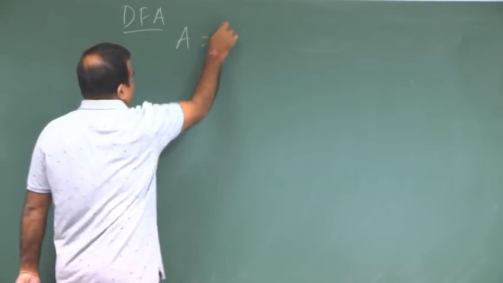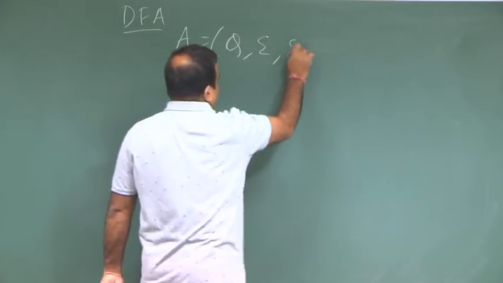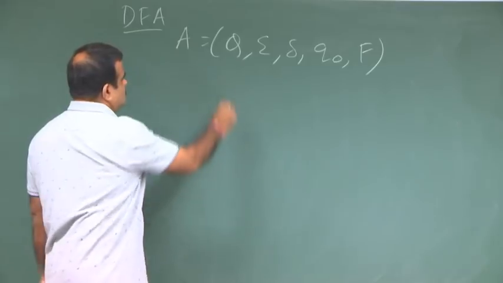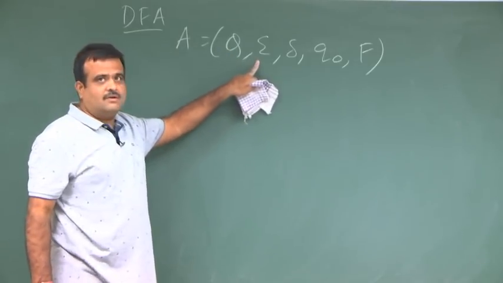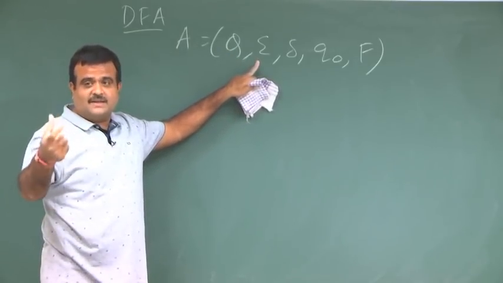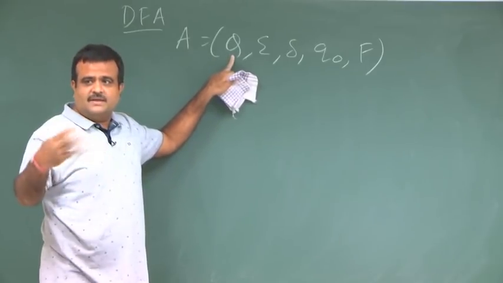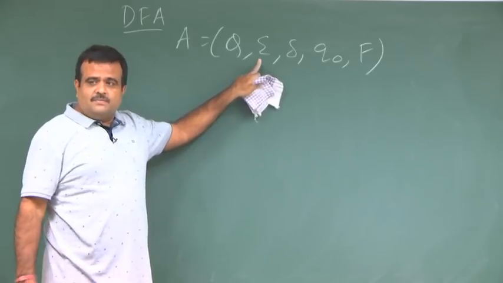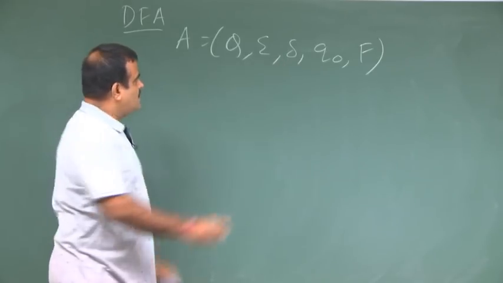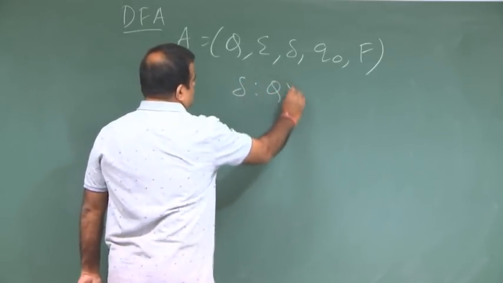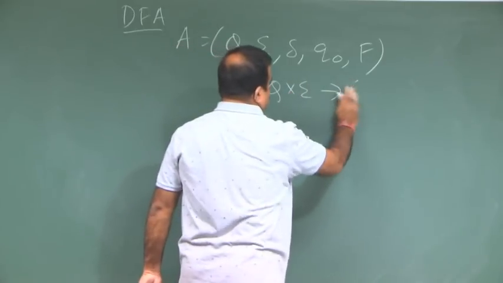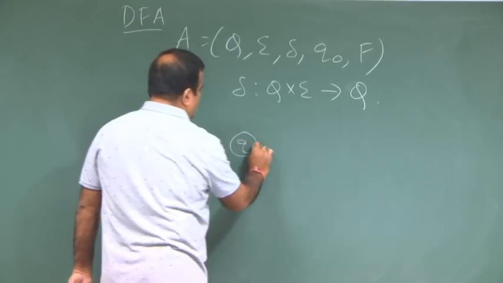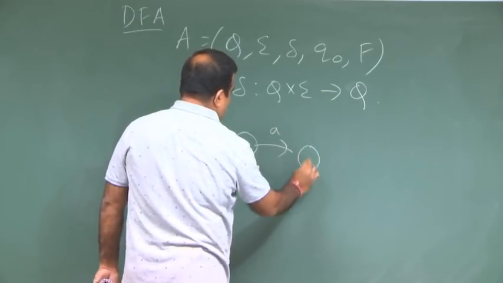A DFA is a 5-tuple. Q is the set of all possible states, a finite set, so the number of states is also finite. Sigma is the set of input symbols. Delta is the function, the rule: if we are at current state q and take input a, we go to p.